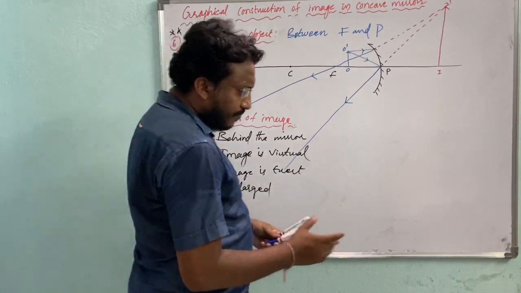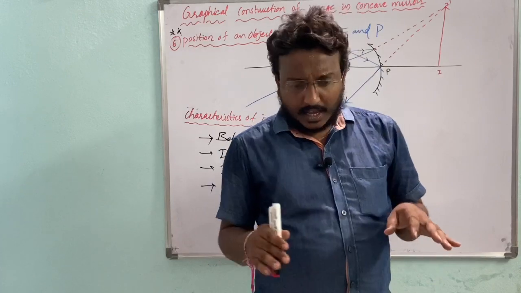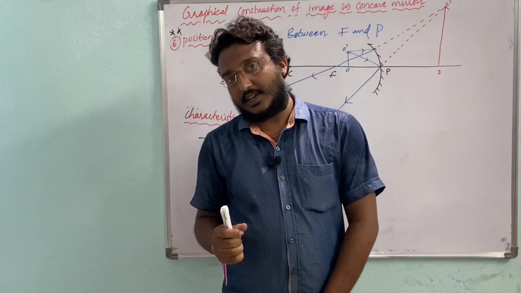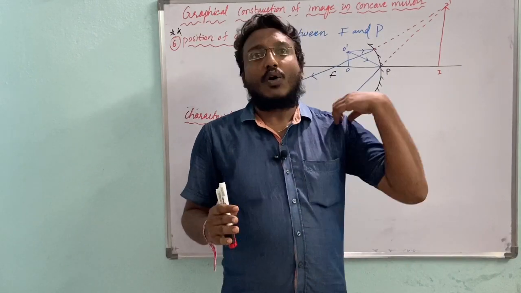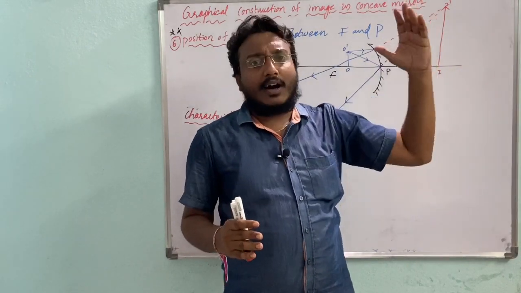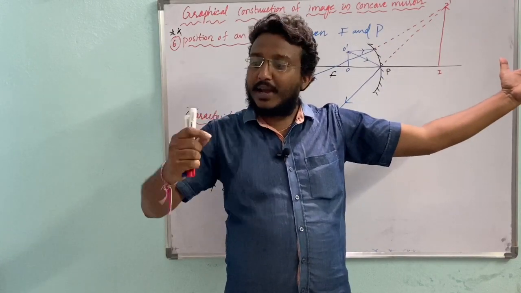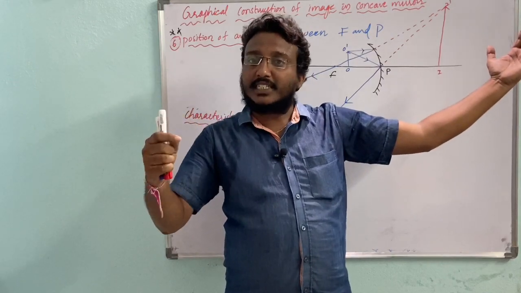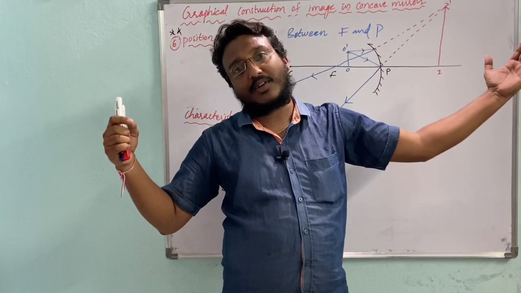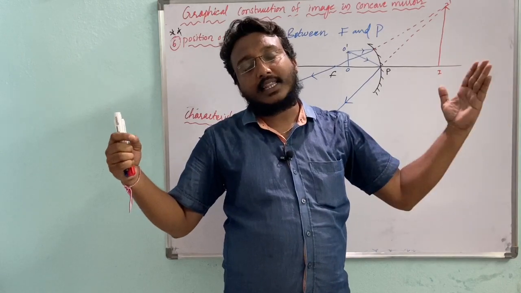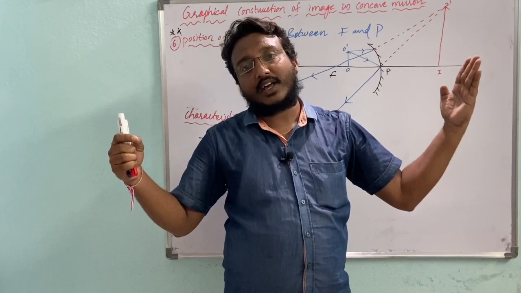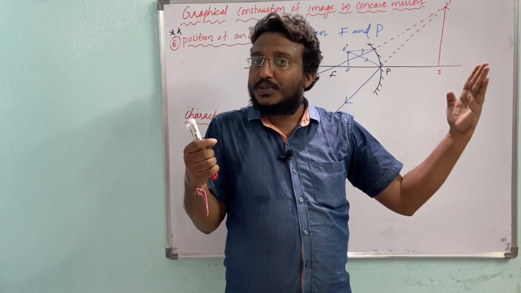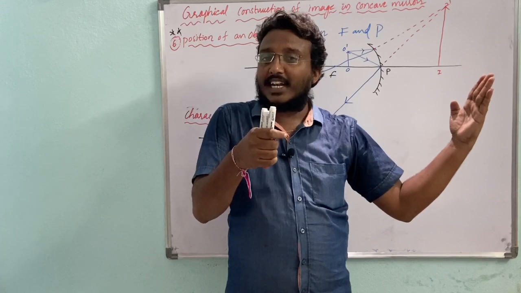See, here we discussed six positions. A very interesting point to notice with the concave mirror: when the object is at infinity, the image is at the focus. The object is far, the image is close to the mirror. When the object is beyond the center of curvature, the image is between focus and center of curvature.